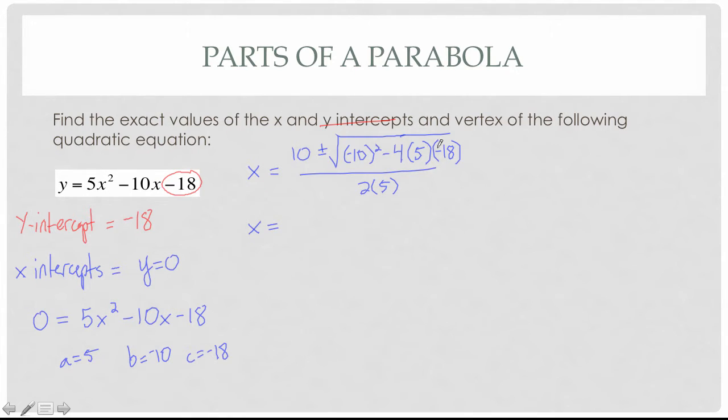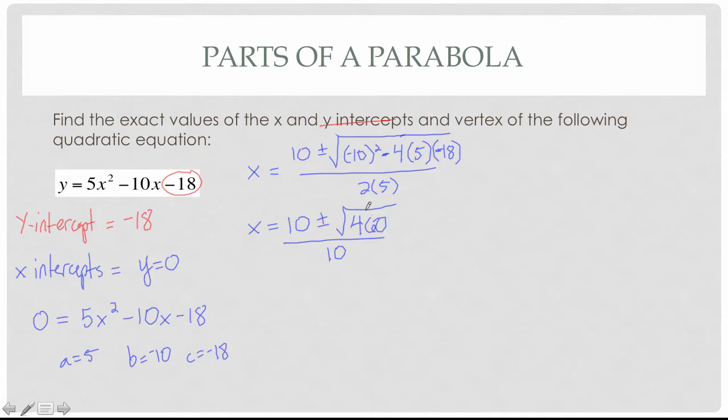I'm going to do what's under the square root first. Negative 10 squared is 100, but then 4 times 5 times 18 is 360. But notice I got a negative and a negative, so it's going to turn into 100 plus 360, which is just going to be 460, all divided by 10.